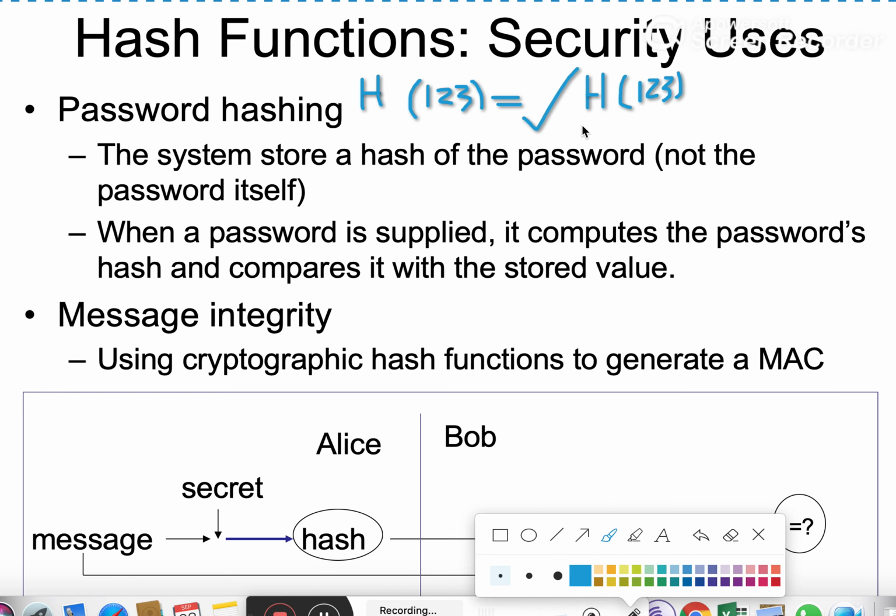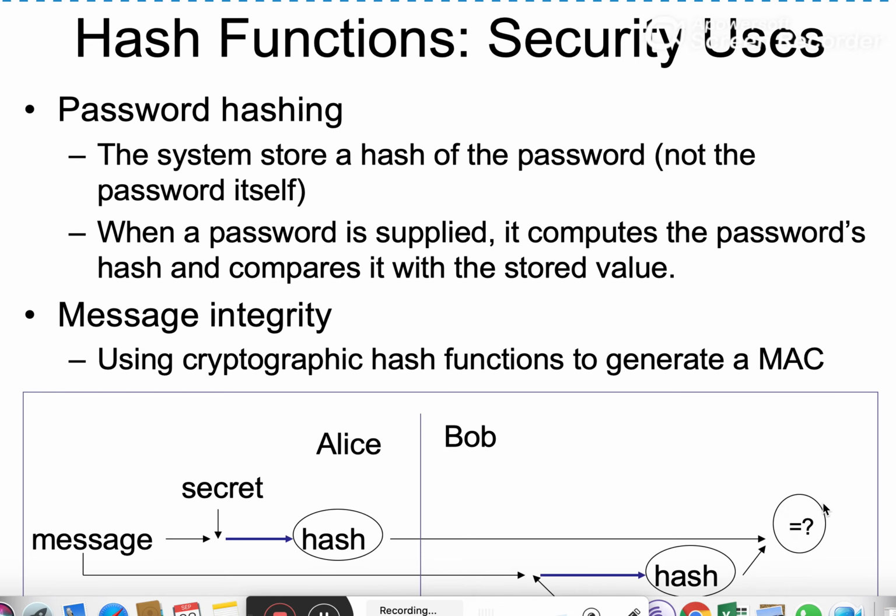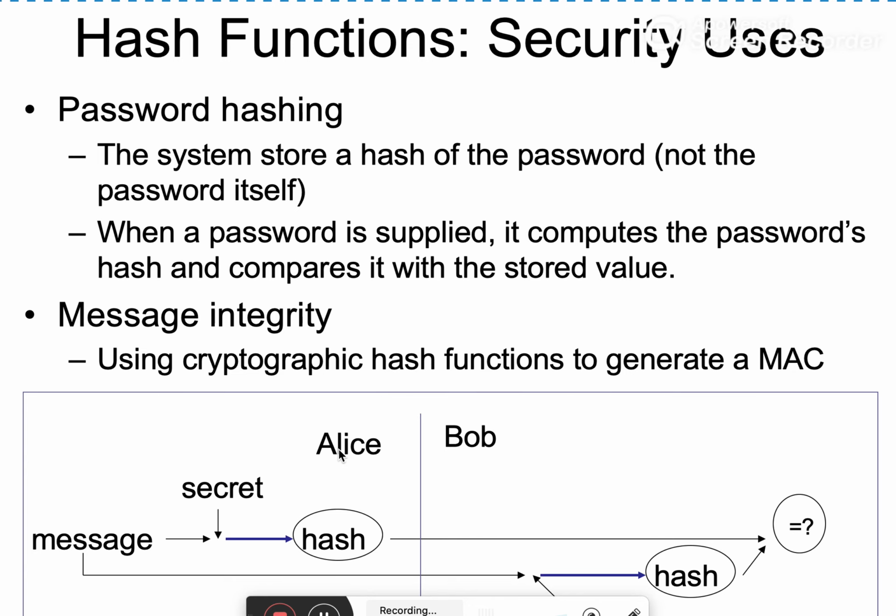The next application of hash is message integrity. We use cryptographic hash functions to generate a message authentication code. Now the process is over here. We have two users, Alice and Bob. Alice is the sender and Bob is the receiver. So Alice sends the message.